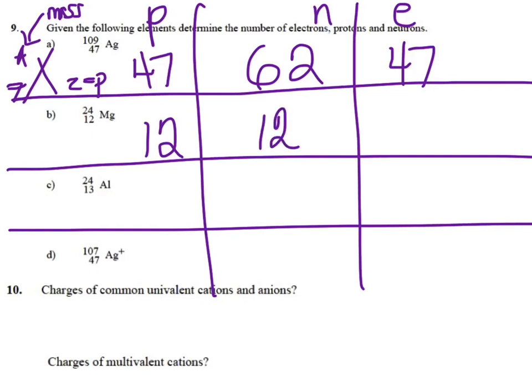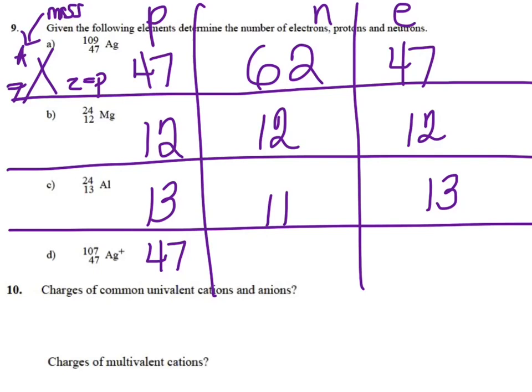How many electrons? 12. What about for aluminum? 13, 11, 13. And what about silver 107? 47, 60, and 46.